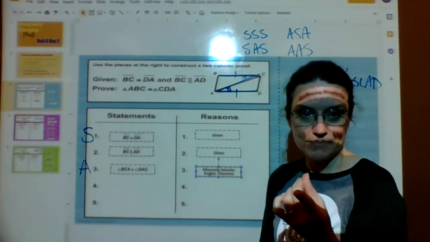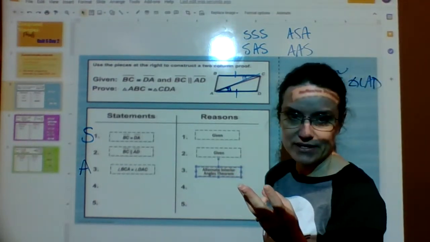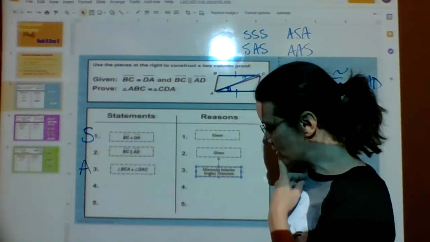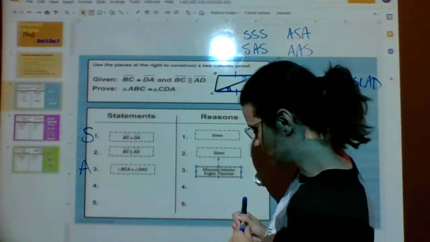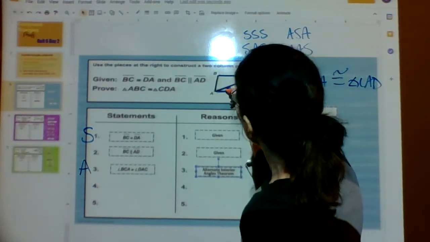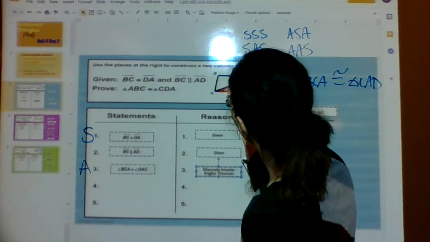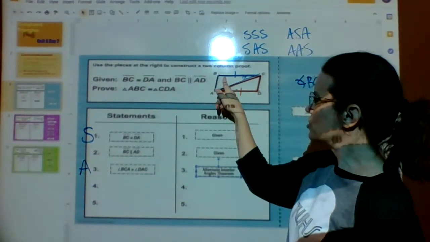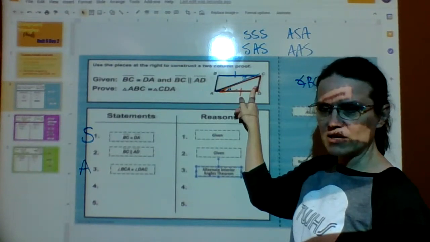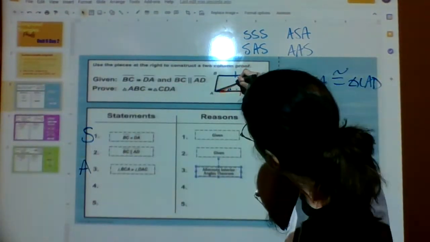So now I have a side, and now I have an angle. Because there's got to be something else congruent here. And so you look and you look and you think, and then you realize this triangle on top that's blue is connected to this triangle on bottom that's orange. And sometimes using those different colors helps, because then you see, oh, the blue triangle and the orange triangle here, they are sharing a side right down the middle.